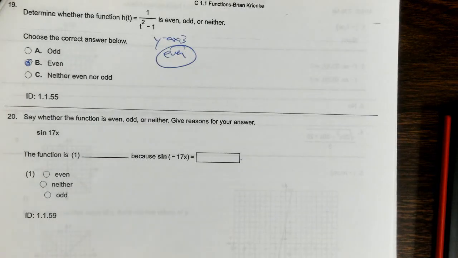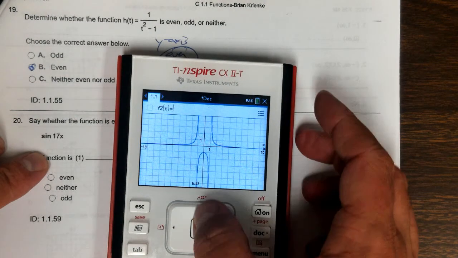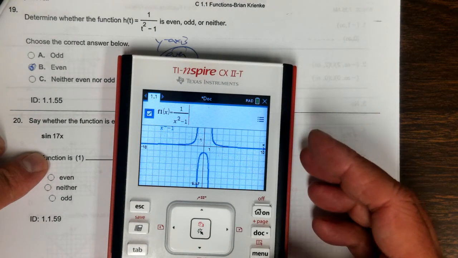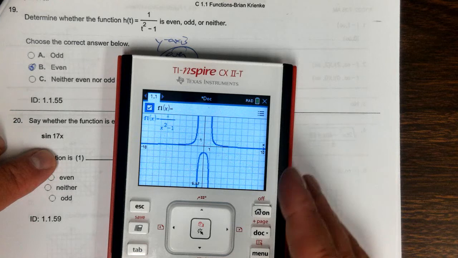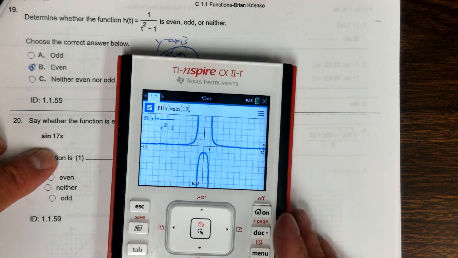Okay, and then this one, let's see, if we were to graph this one, we put a trig and then we go to sine and then do 17x.